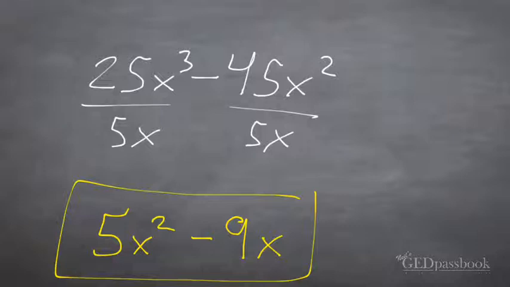Are they like terms? No. So you can't do anything else. That's my simplified answer. This is how you divide polynomials. You just do it step by step: the numbers divided by each other, then the variables, making sure to subtract the exponents, the powers, I meant.